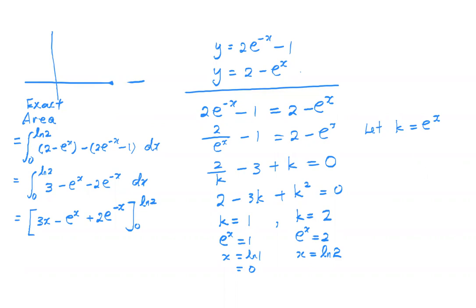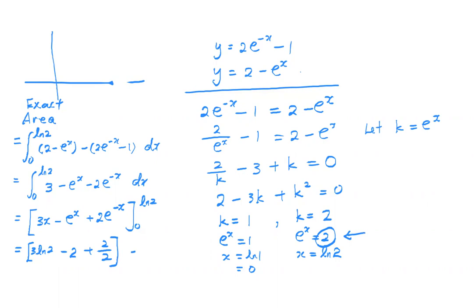If I substitute with ln 2, it will be 3 ln 2 minus e to the power of x, which is 2, so I can just straight away put 2 here, plus 2 over 2. Instead of substituting x as ln 2, I can substitute e^x as 2. It's the same thing.